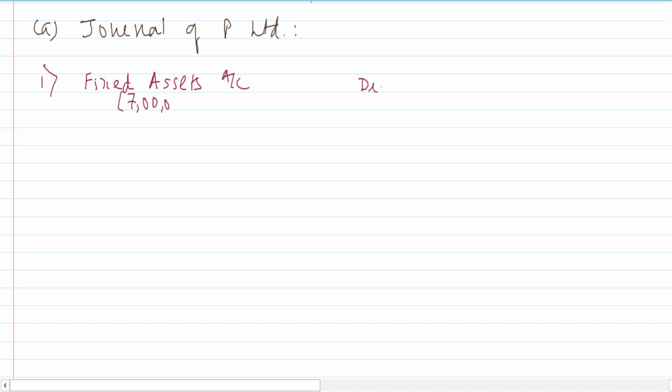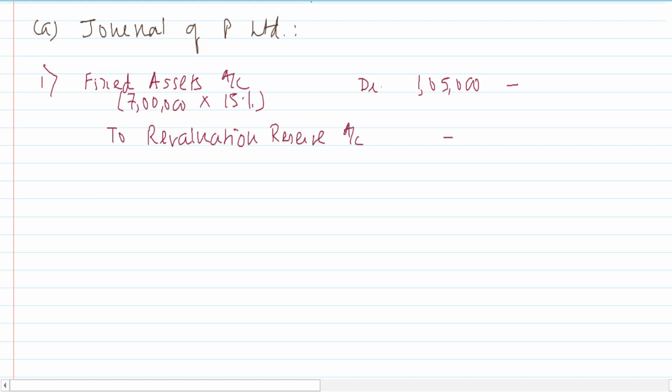In balance sheet, it is 7 lakhs. Both companies are increasing, so 15%. Turns out to be 1,05,000. To revaluation reserve account, 1,05,000.